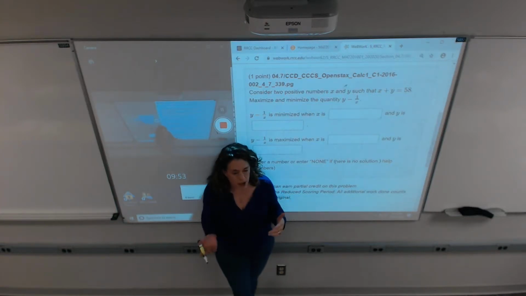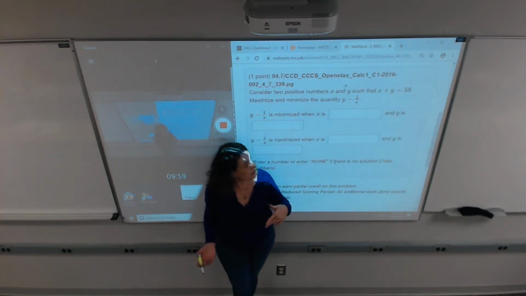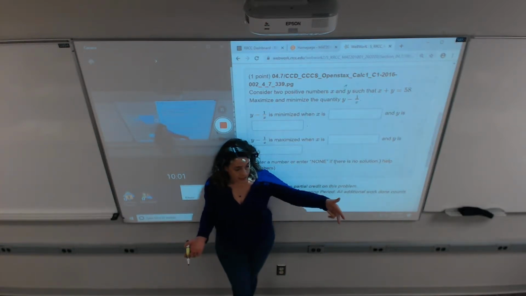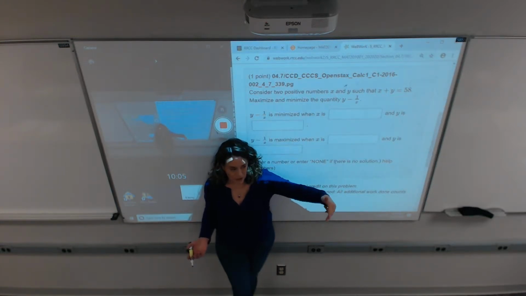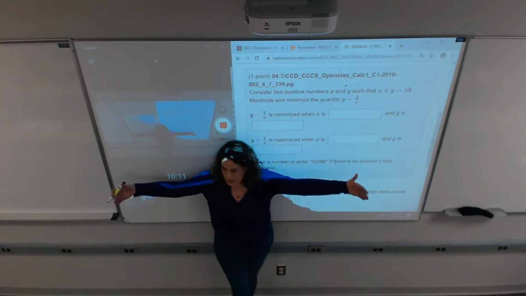If it just says positive numbers, I could do 0.1 plus 57.9, right? But then I could also do 0.01 plus 57.99 or whatever it is, right? But I could keep doing that. Does everybody see that?